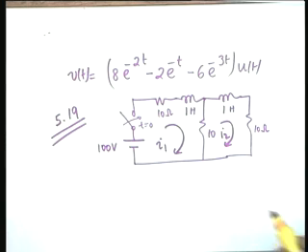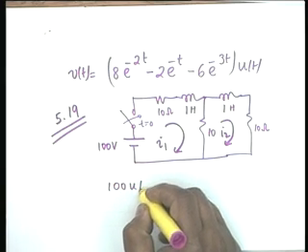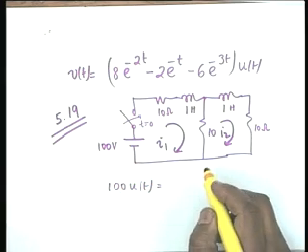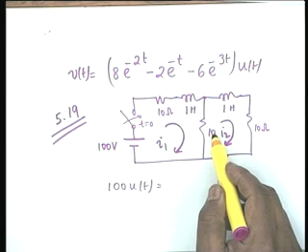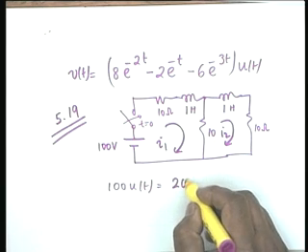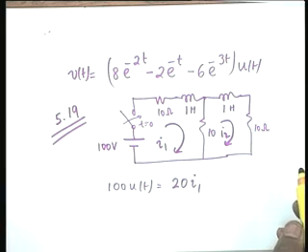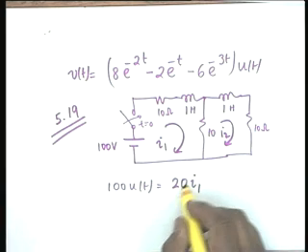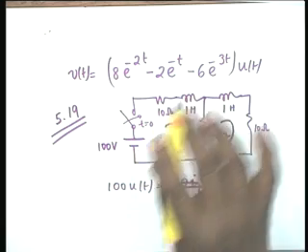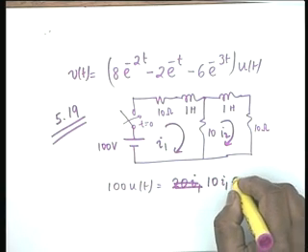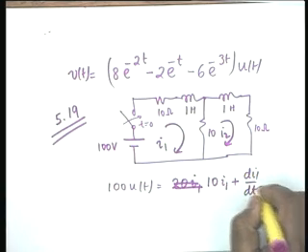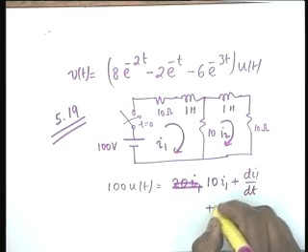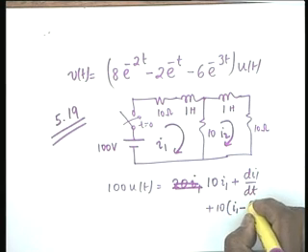So, the usual thing that we do is we write the loop equations, the mesh equations to be particular, and I get 100 u(t) equal to 10 i1 plus di1/dt plus 10 (i1 minus i2).